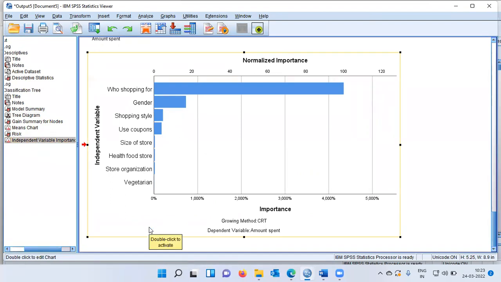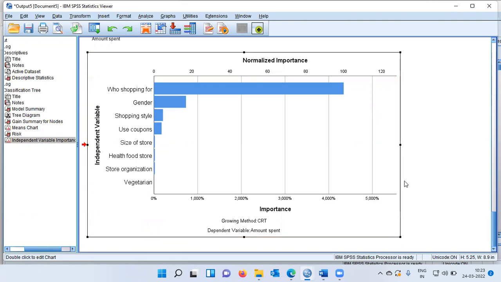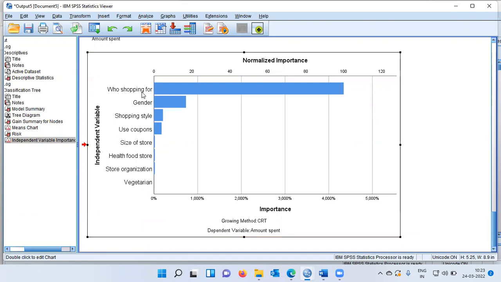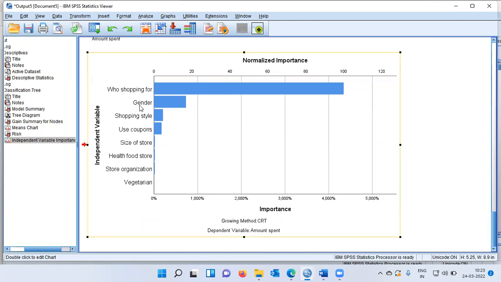From this, it is quite obvious that the most important variable which drives customer spend is who he is shopping for. Very, very important. Who is a customer shopping for? That is the most important variable as far as customer spend behavior is concerned. The second most important variable is gender, and the third most important variable is shopping style.